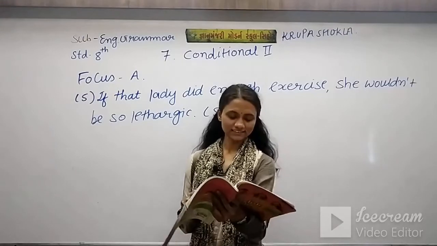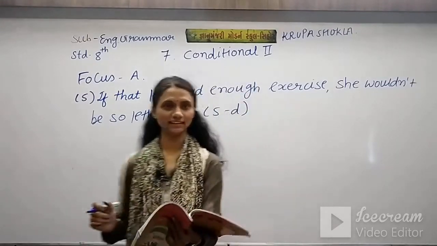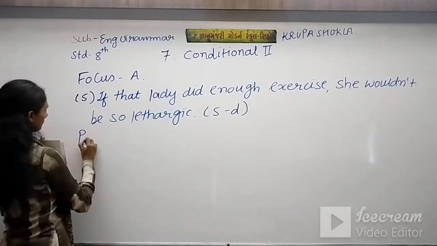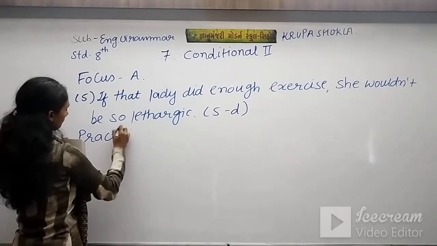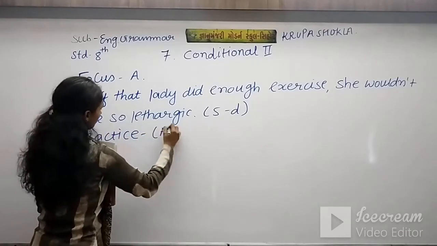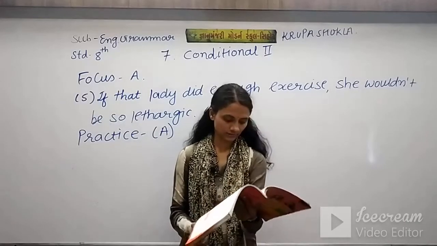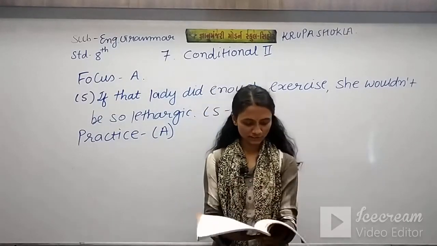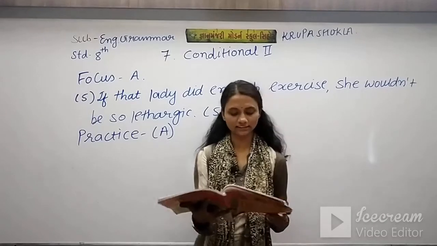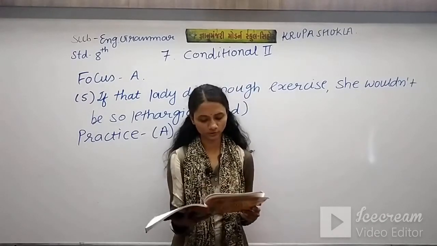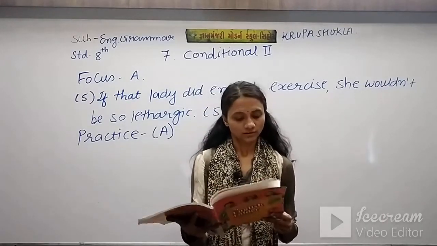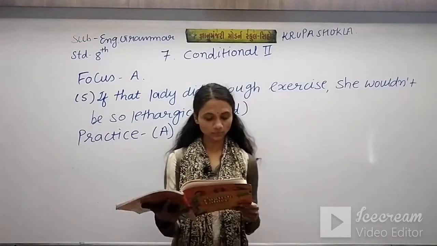Now I'll start practice exercise A. Let's see what this is about. Make conditional sentences with simple past in the if half and would and wouldn't in the other half. Use the hints given. Remember the comma.